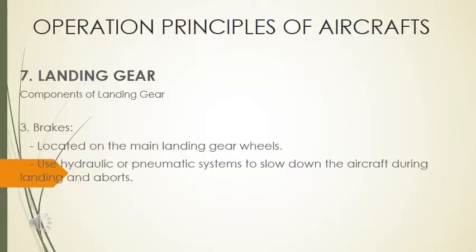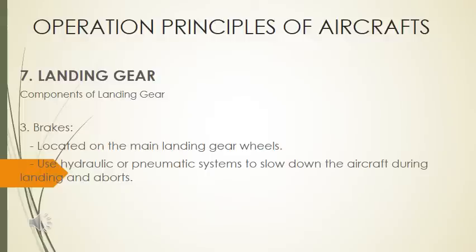Number three, we have brakes. Brakes are located on the main landing gear wheels. In the case of a tricycle landing gear system, that's not the front. It uses hydraulic or pneumatic systems to slow down the aircraft during landing and abort.